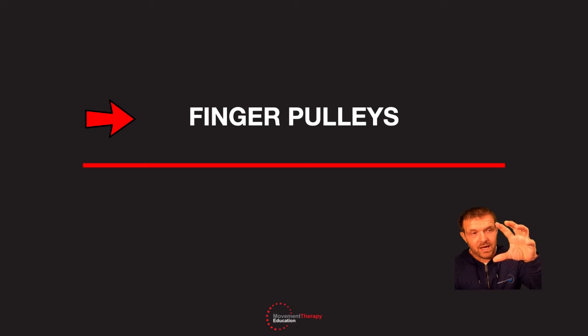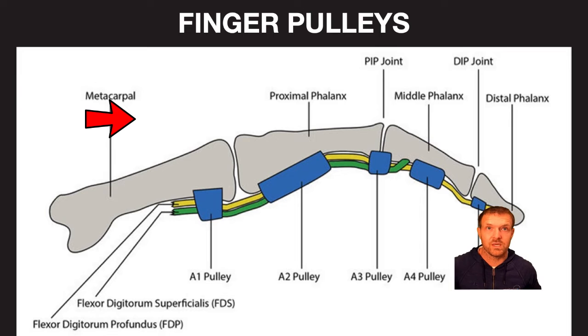When you're rock climbing, you can grip and hang off things with just one or two fingers. It's amazing the strength that we have, and the reason why is because of the retinacular and then these finger pulleys. They make a massive difference to the forces that we can produce.